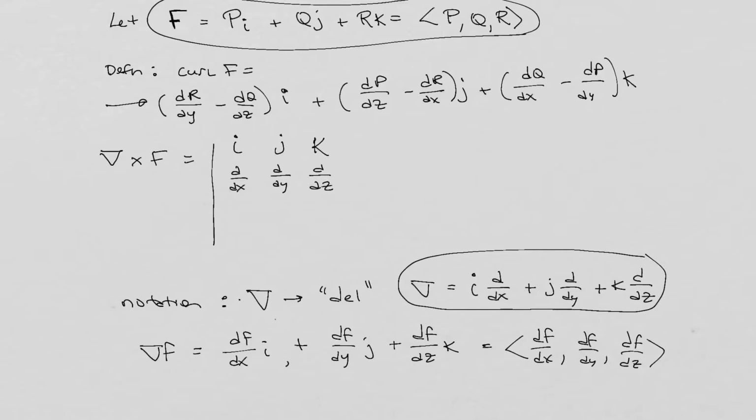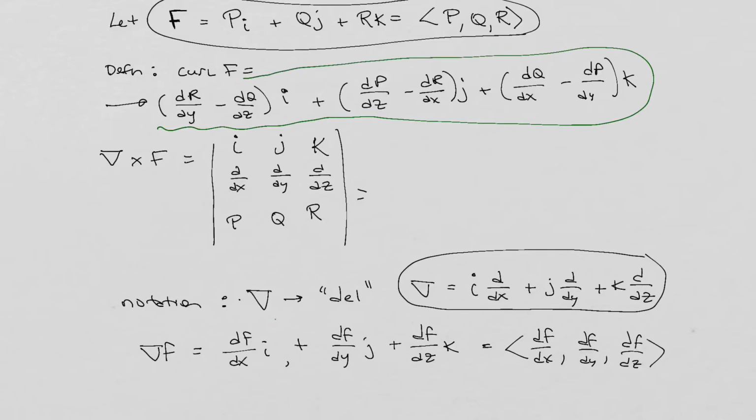And then f goes along the bottom row, where the ith component has the function p, the jth component has the function q, and the kth component has the function r. If you actually carry out this cross product and multiply it all together, what pops out is exactly this formula. So it's just another way for us to think about the curl of f.